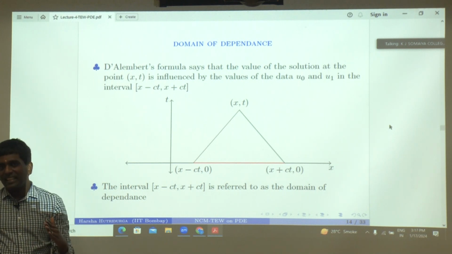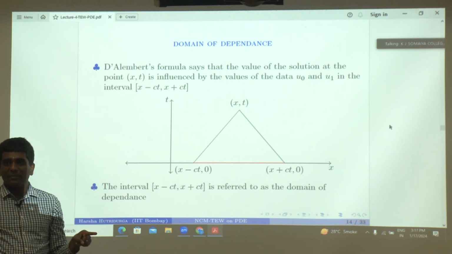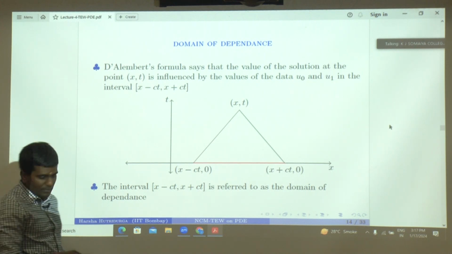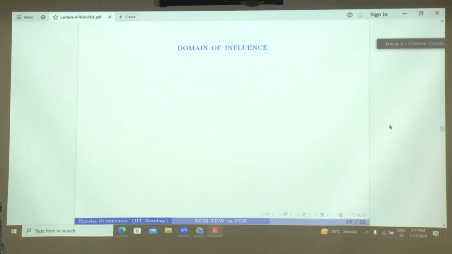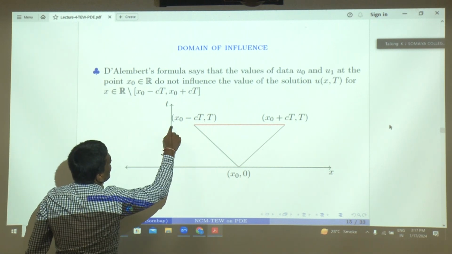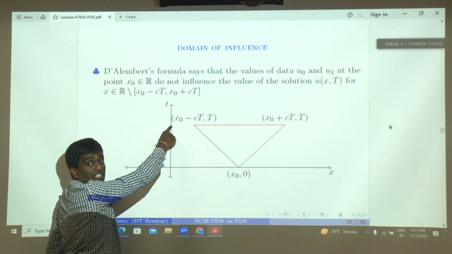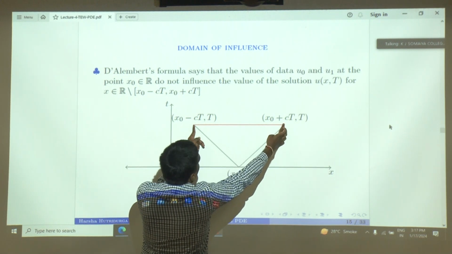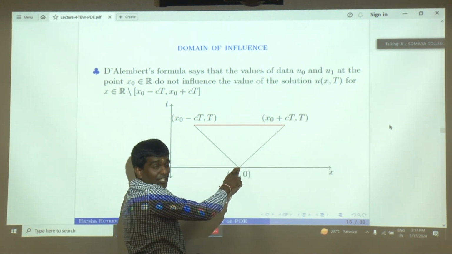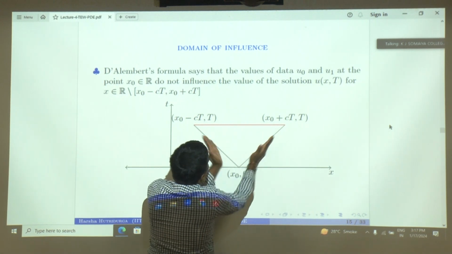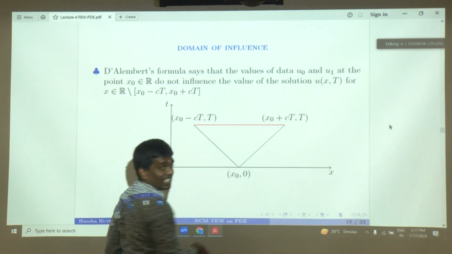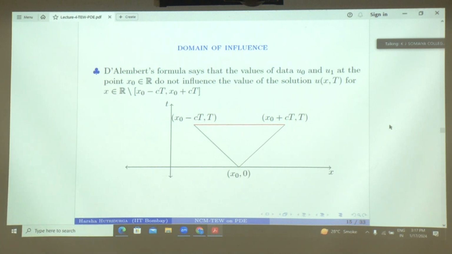When they hit the x-axis, you get an interval, and that is the interval influencing your values at that point. Going by that logic, if I draw this line at the time level capital T, this is the only patch of points influenced by the values at this point. So this point can only influence, at the level t equal to capital T, a bunch of points, which is the red line, and that is known as the domain of influence.